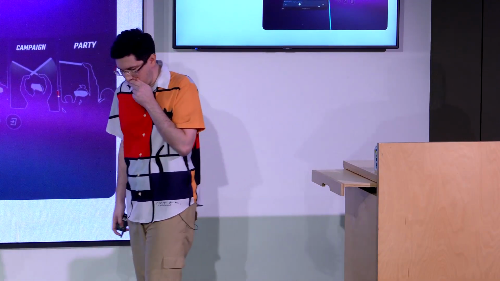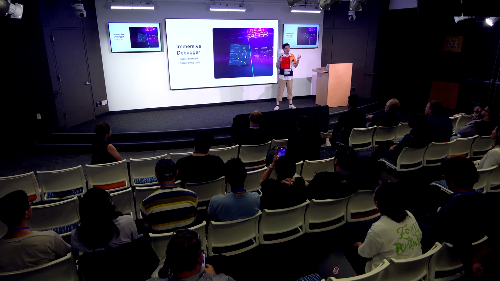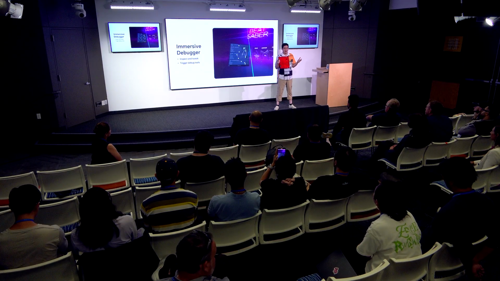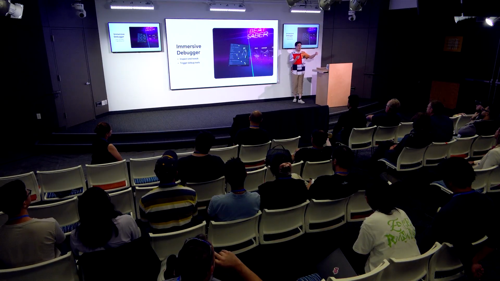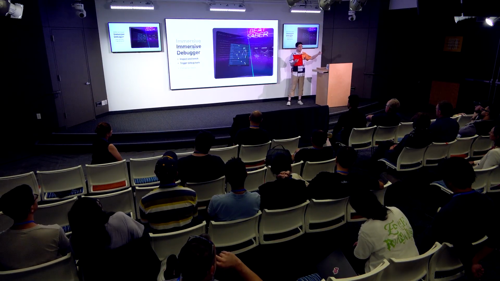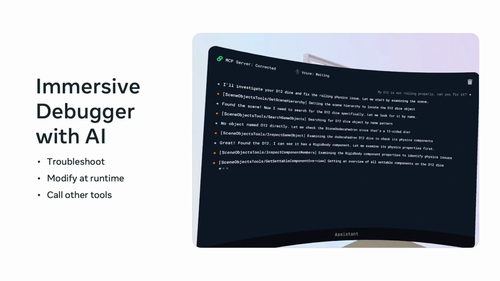Now, let's supercharge it with AI. What does that mean? That means we connect it through an MCP to your AI agent. And from just inspecting and tweaking, now we can troubleshoot.